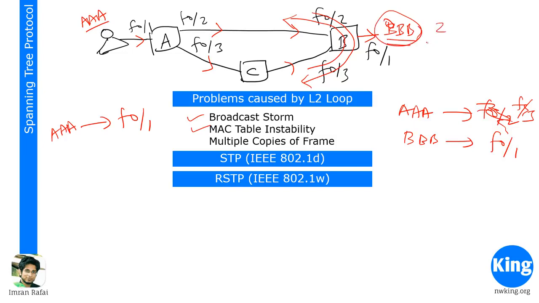That's a problem, because if it's an application that was sending the data, the same frame cannot come twice. If the same frame comes twice, there's a duplicate frame, and there is some problem in the network. So multiple copies of the same frame is reached to the user. So these are the three problems a layer 2 loop can create.